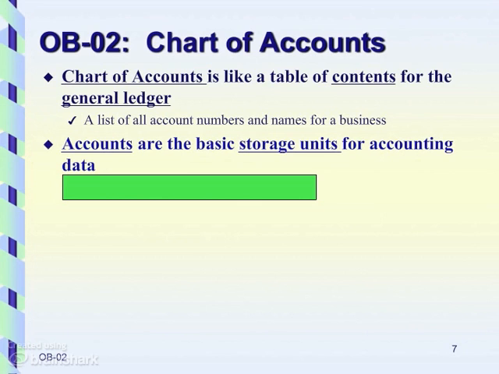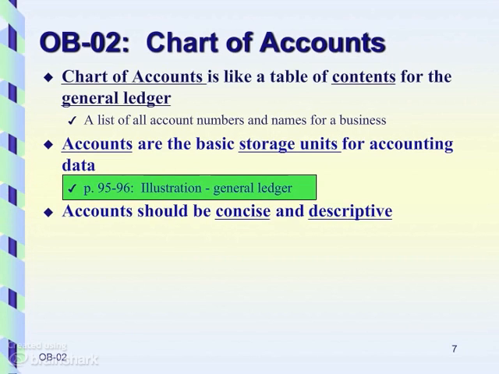You can see an example on page 95 and 96. You can see an example of a chart of accounts for a small business. We know from the first semester of this year that our chart of accounts is scalable depending upon the size of the particular business. We know that the accounts should be concise and descriptive of the accounts that are being used by that business.